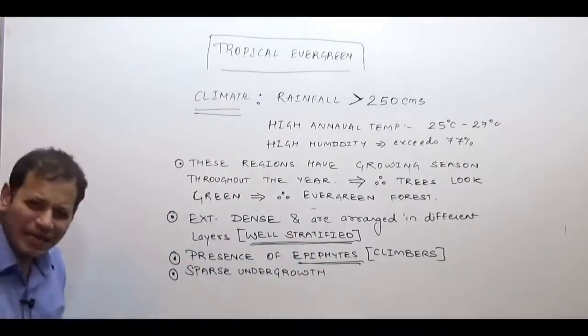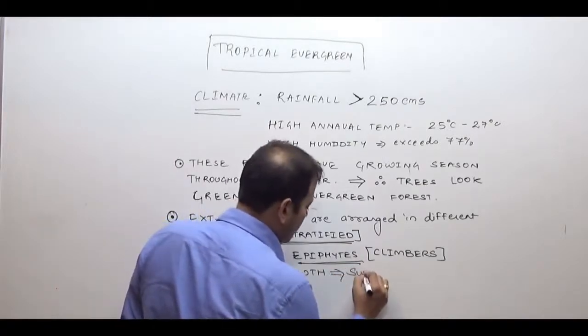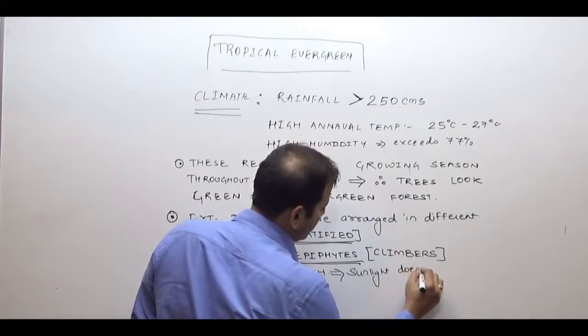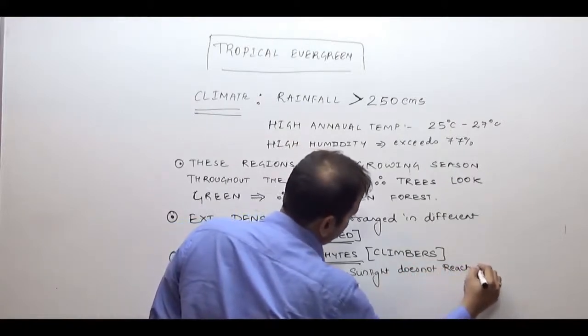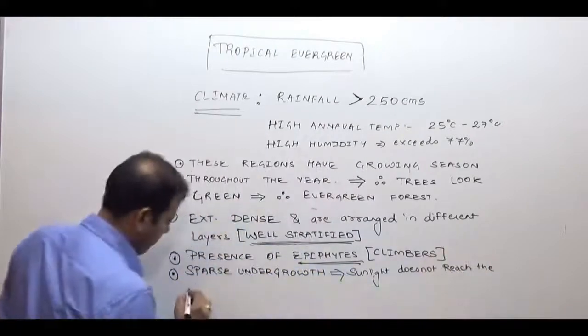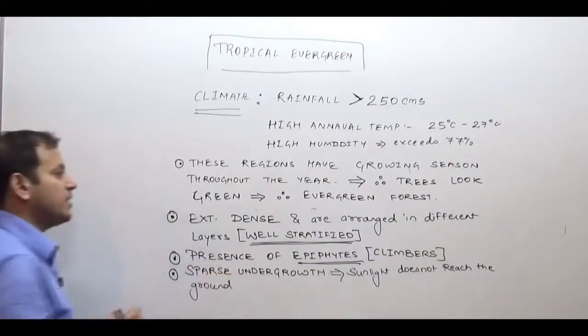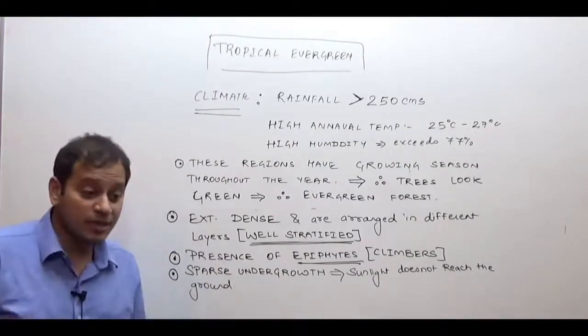Why the sparse undergrowth? Because the sunlight does not reach the ground. These are extremely dense forests.